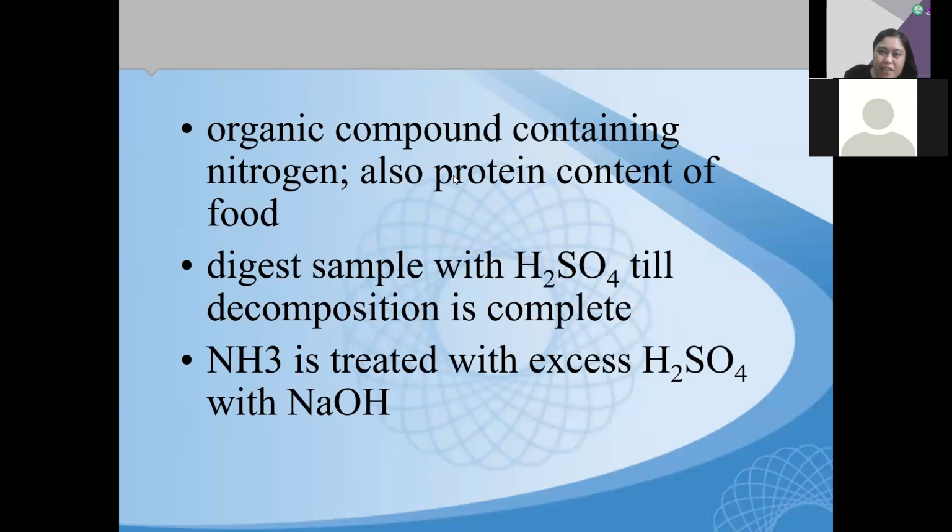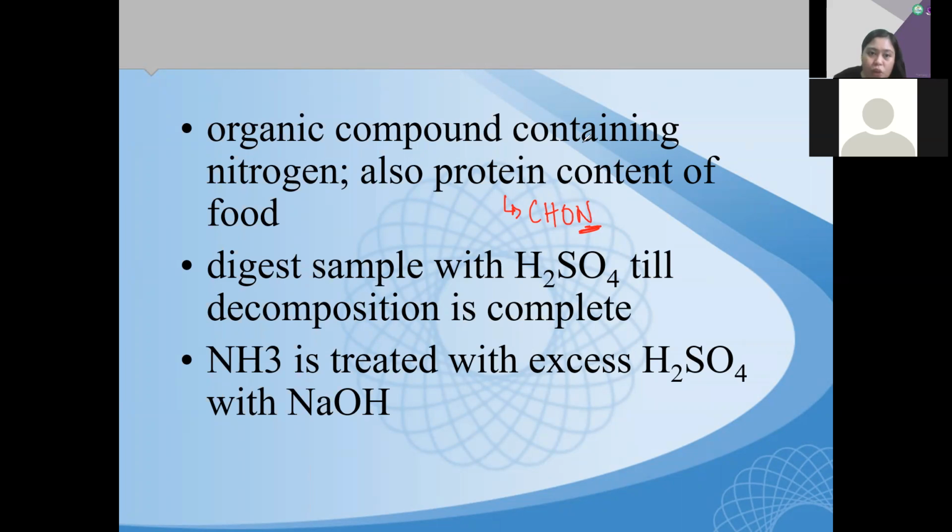Nitrogen is all over the environment, in what we eat, especially in protein. In your biochem, you learned that protein is abbreviated as CHON, N being the nitrogen. So even in the food we eat, we have nitrogen.